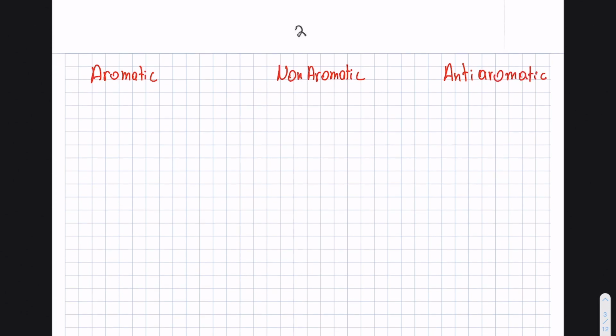So for aromatic, it's always cyclic. It always has to be cyclic, not just for aromatic, but also for anti-aromatic. So this is cyclic and cyclic. Those are the rules to be checked. If all of those rules are checked, this means it's aromatic or anti-aromatic. Or in this case, if it doesn't follow any of them, it's going to be non-aromatic.